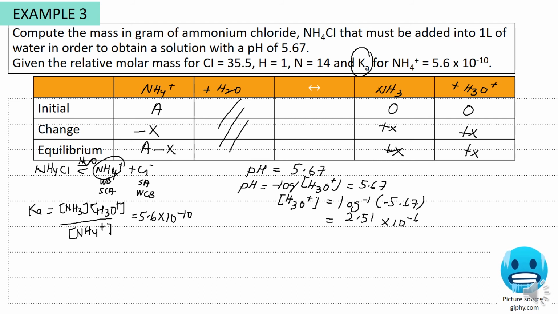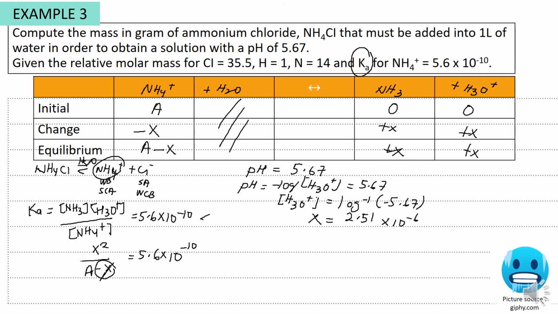So this will be X squared over A minus X equals 5.6 times 10 to the power of negative 10. The negative X can be ignored because the Ka value is less than 10 to the power of negative 4.